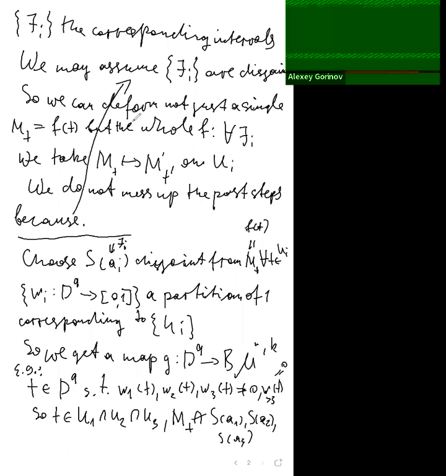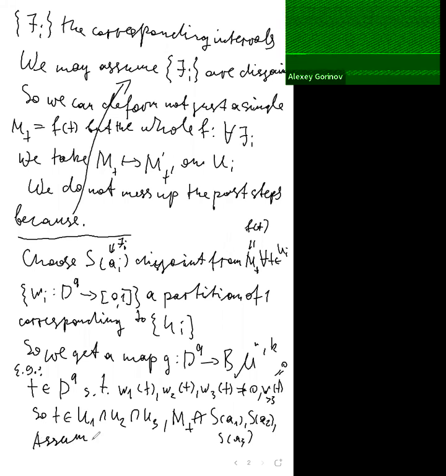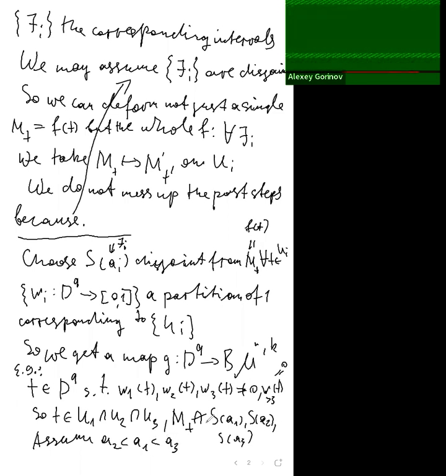So assume, I don't know, A2 is less than A1 is less than A3. Okay, so now we have a way to cut M into 4 pieces.